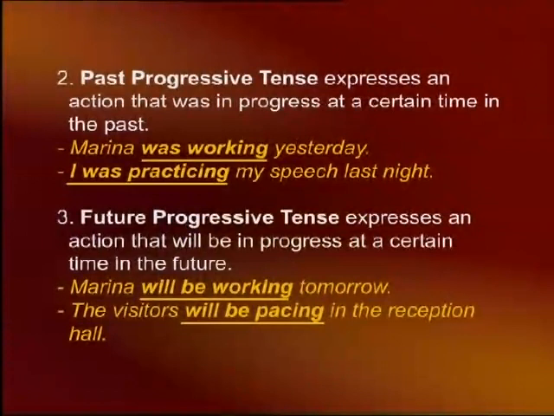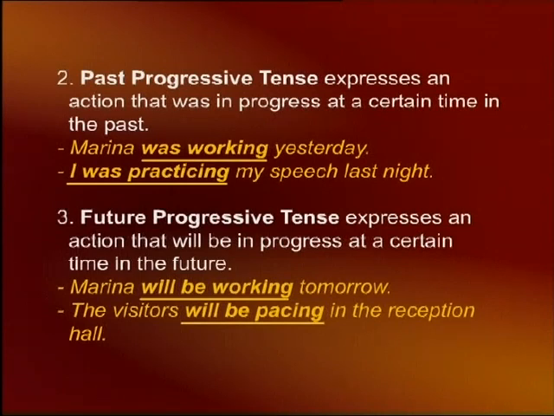The second one is the past progressive tense, and that expresses an action that was in progress at a certain time in the past. Again, we are using Marina in all the examples. Marina was working yesterday. I was practicing my speech last night.